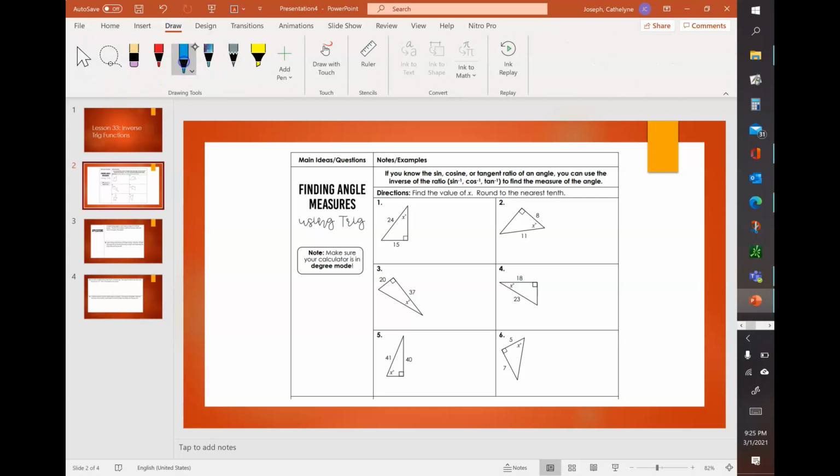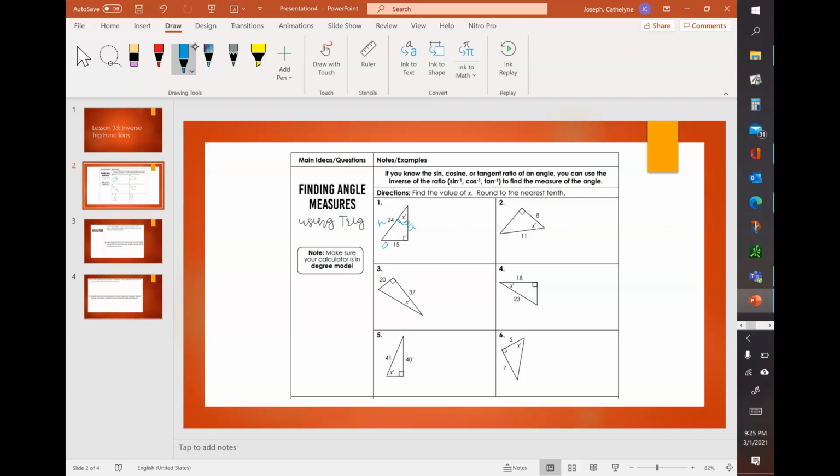First thing we are going to do, as always, is label. If my angle is here, this will be O, this is always H, and this one is going to be A. Next step, which sides have given information?